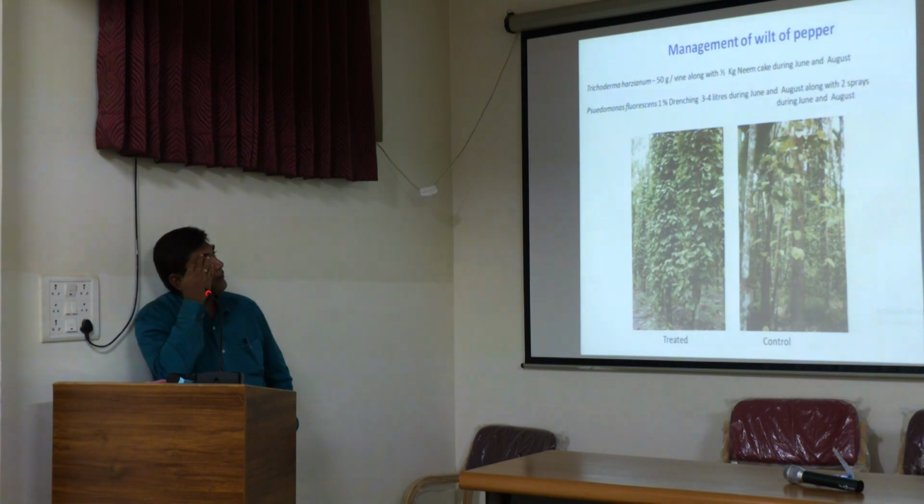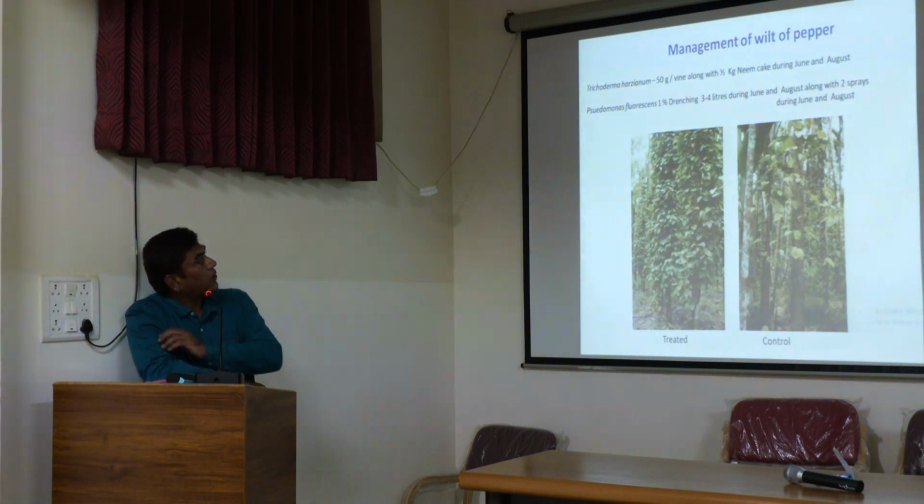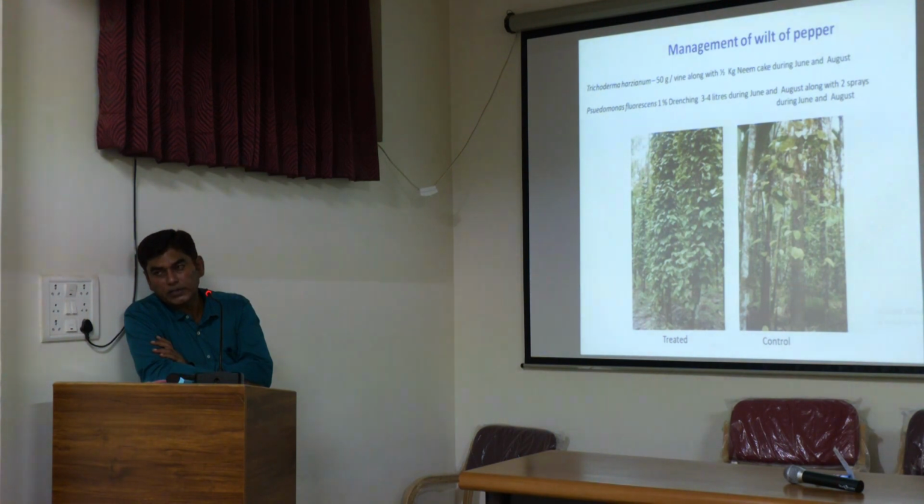So management of wilt of pepper. Wilt in pepper is a very important disease, especially, I think, in the Malnad area. It is caused by Phytophthora. In this, it includes Trichoderma harzianum, 50 gram soil application per vine, along with half kg neem cake during June and August, 2 times.